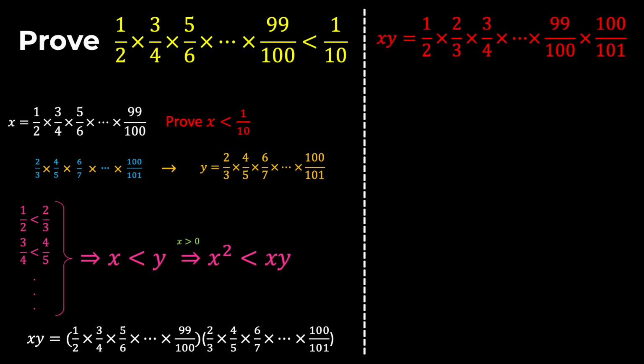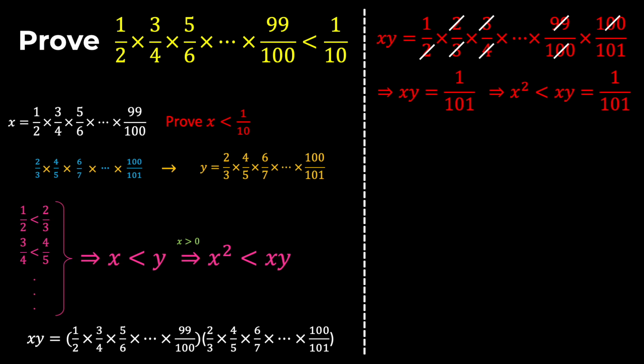Obviously, each of these numbers are going to cancel out, and I will be left with 1 over 101. So x times y equals 1 over 101. That means that x squared is less than x times y, or 1 over 101.